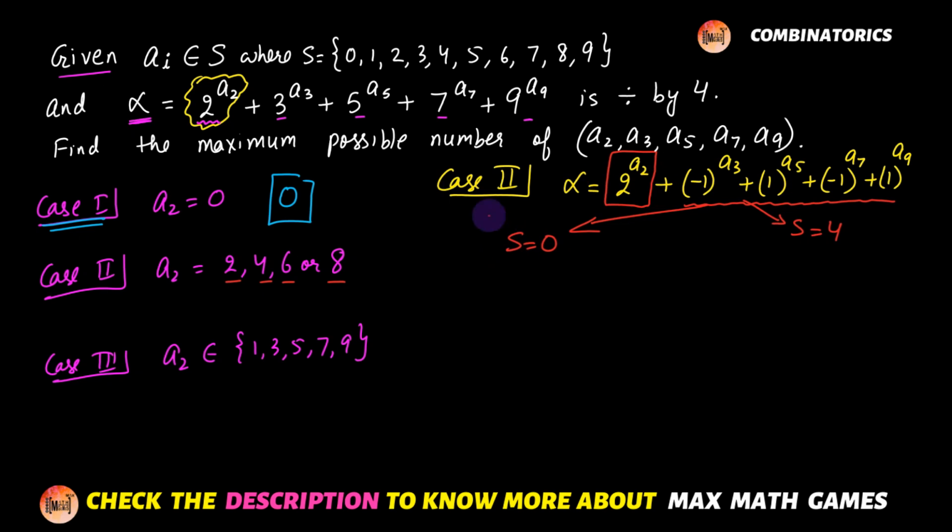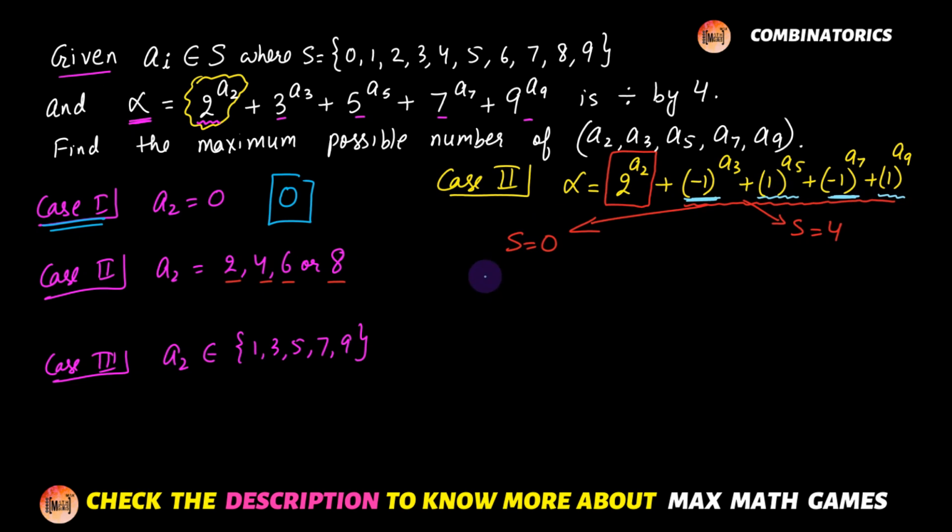Now let us consider the case when sum equals 0 in the first place. Sum equal to 0 will only happen when this quantity becomes minus 1, this quantity becomes minus 1, and these two negative ones get cancelled by these two positive ones.